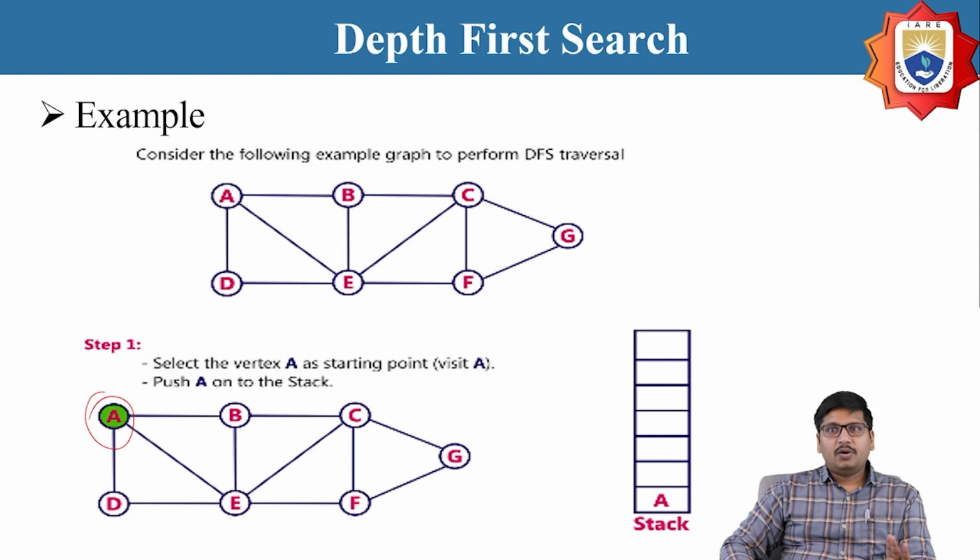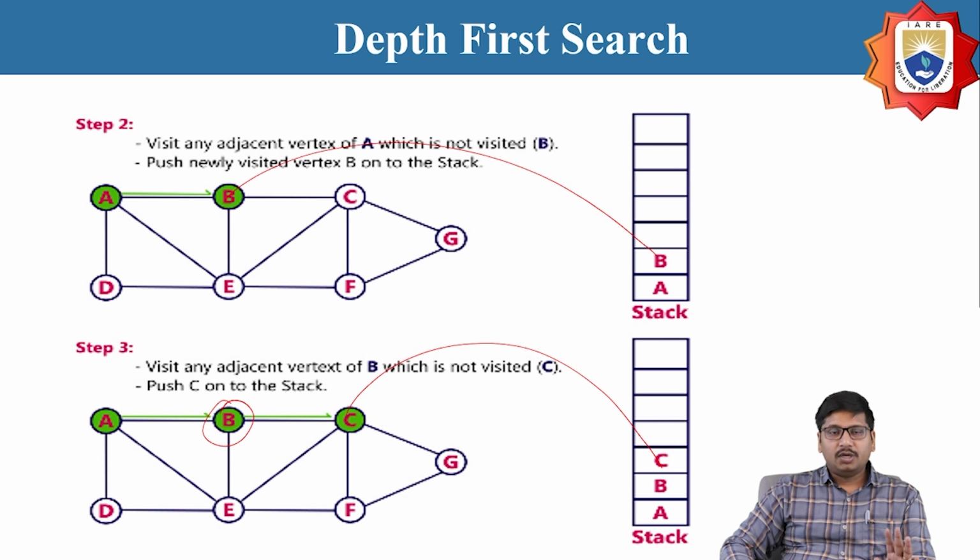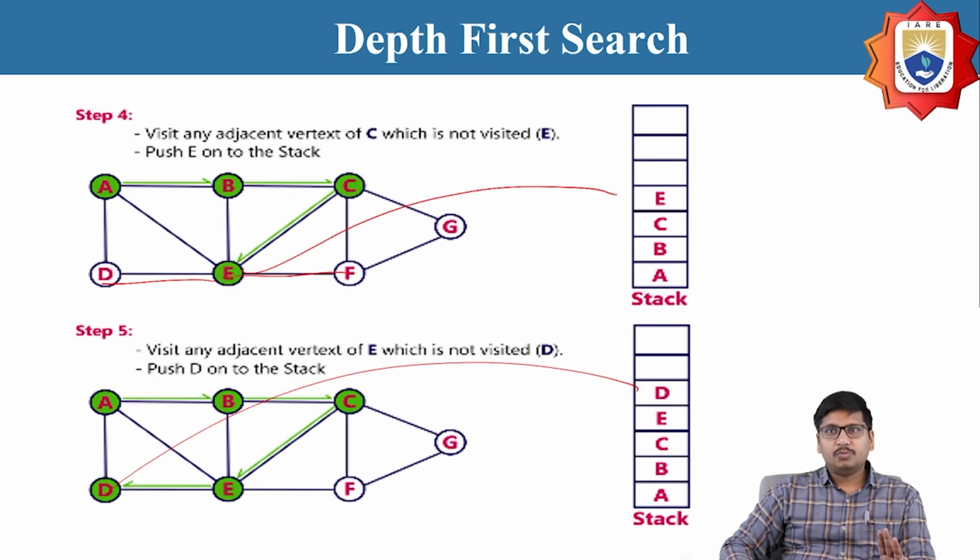Initially, how to choose the vertex: that should be pushed onto the stack, and from the adjacent vertices, either one you have to consider, and that one is pushed onto the stack. Here I consider B. For B the adjacent is C, so C is pushed onto the stack. For C the adjacent vertices are E, F and G, but I'm going to consider E, and that is pushed onto the stack.